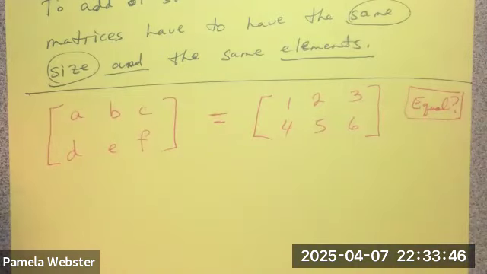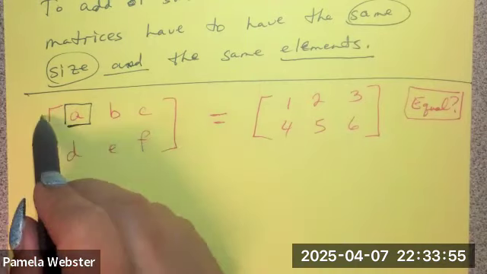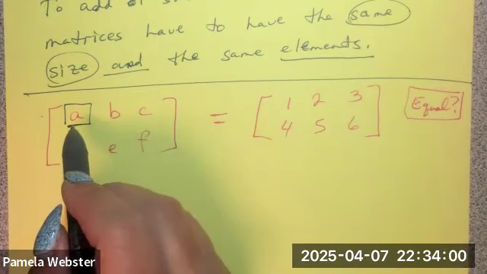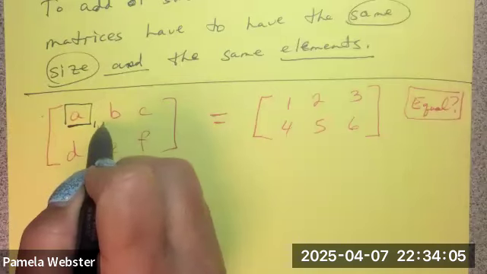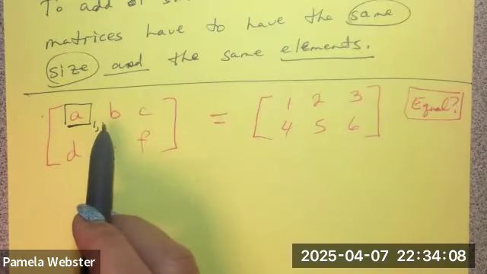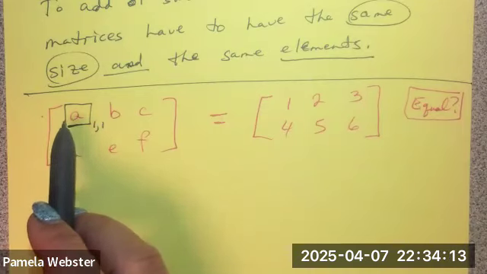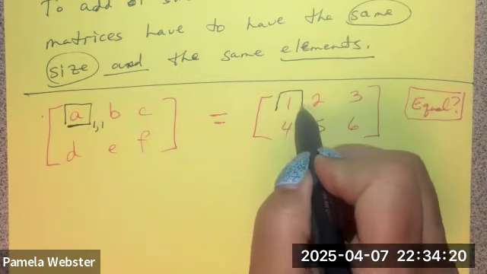What I've got to be careful about is I need to match these up element by element. A is in the top left corner, or we would say the first row and the first column. Your homework might call it the 1 1 position. What element in the second matrix is also in that position? The 1 is.